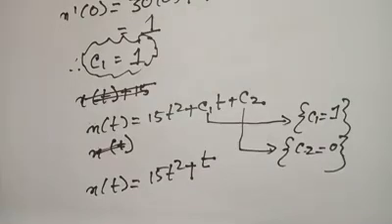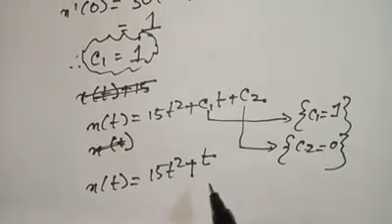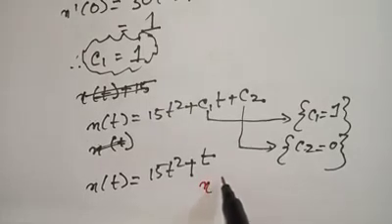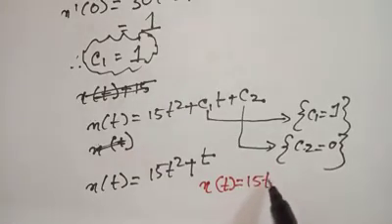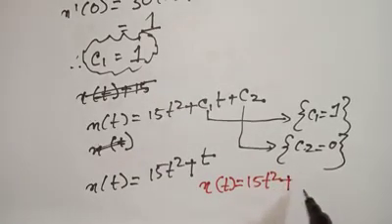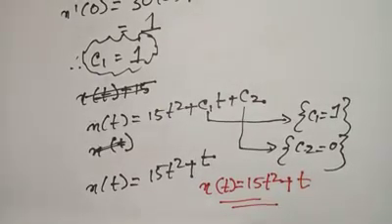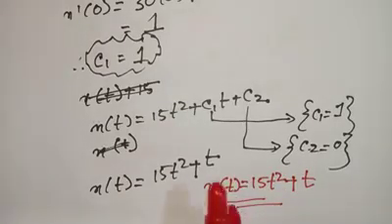Now let me rewrite this again for you. The specific solution would be x of t equals 15t squared plus t. This is what we call a specific solution.